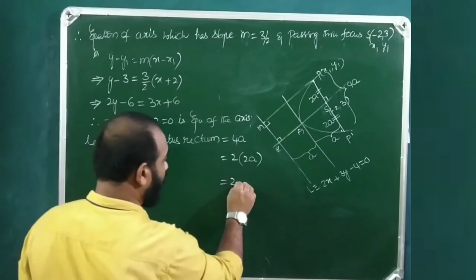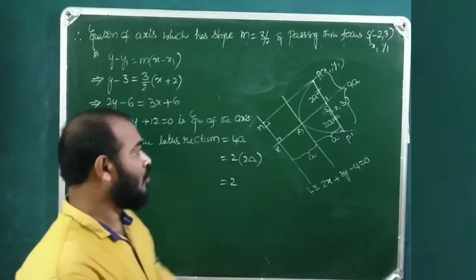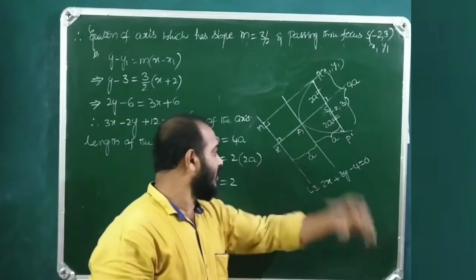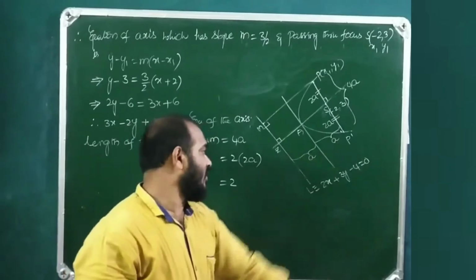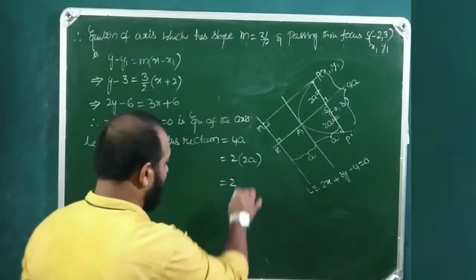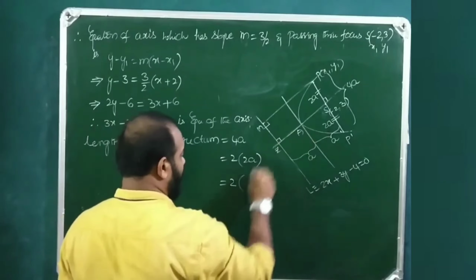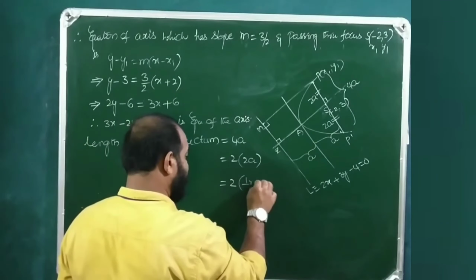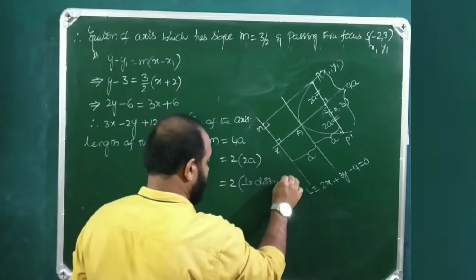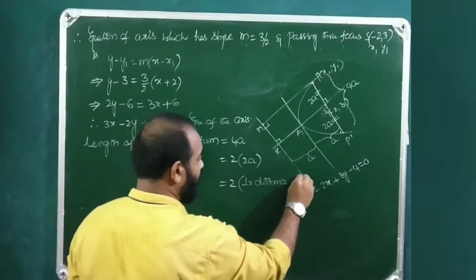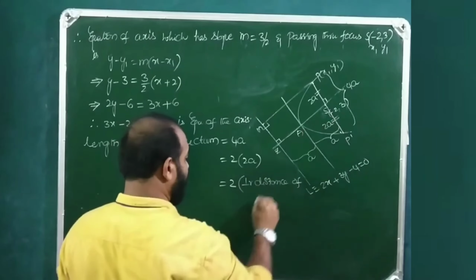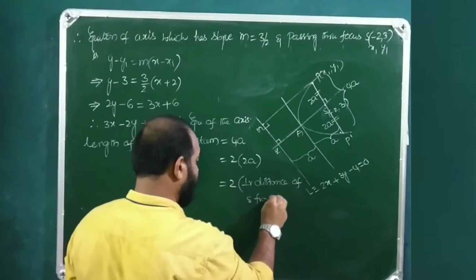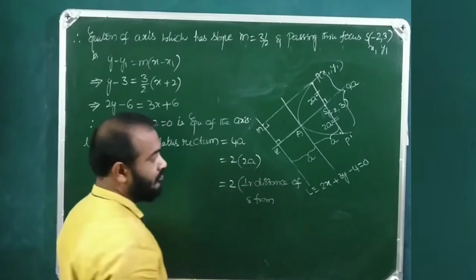So what is 2a? 2a is this a plus a. So 2a is the perpendicular distance of S from L equals to 0.